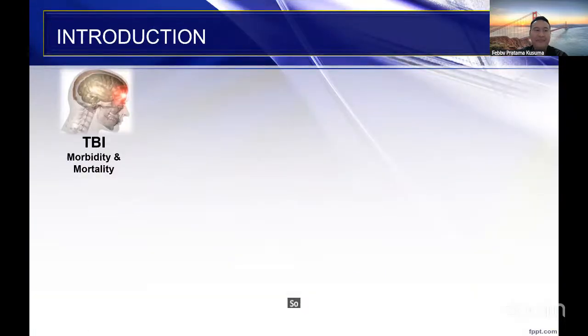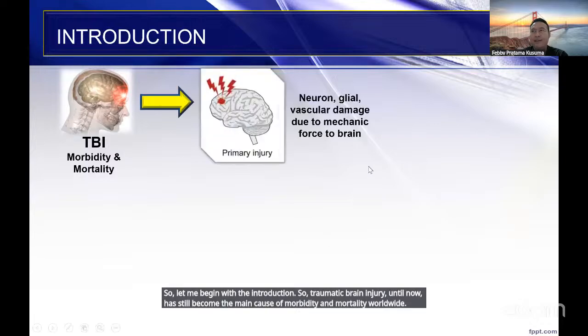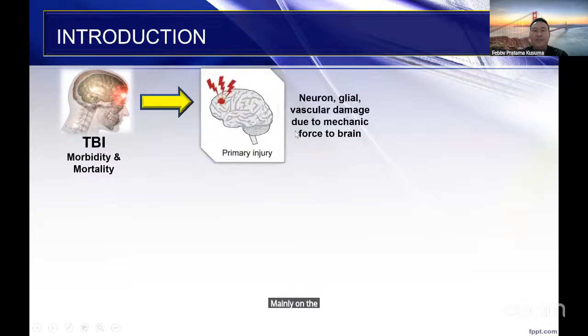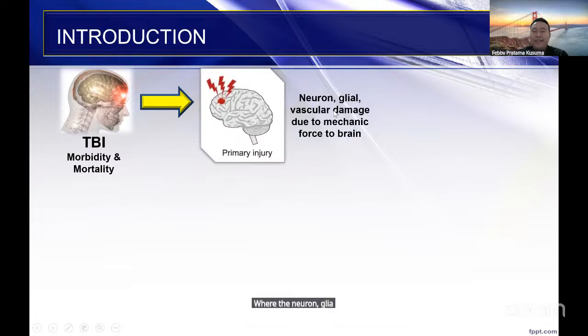So let me begin with the introduction. Traumatic brain injury is still the main cause of morbidity and mortality worldwide, mainly in developing countries. The pathologic process starts with the primary brain injury, where neuron, glial, and vascular damage occurs due to mechanical force to the brain.